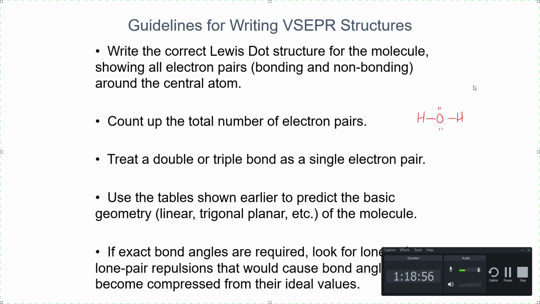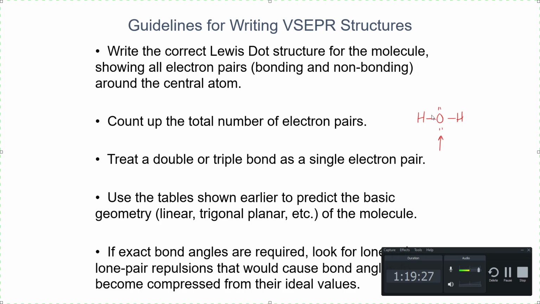We'll do something easy. So water has that Lewis dot structure. Hopefully you can write water from general chemistry. It may take a little bit of review, but there's our Lewis dot structure for water. So when I'm looking at the geometry around that oxygen, I count up the total number of electron pairs, and I include both the bonding and the non-bonding electrons.